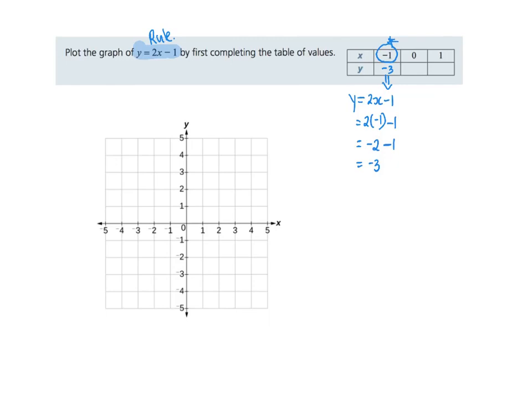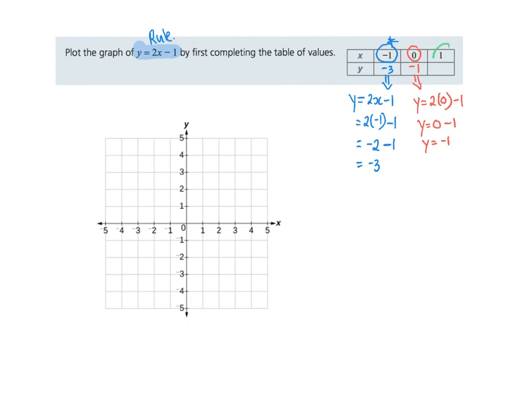If I did another one, I'll do this one in another colour. For this one, because x is 0, everywhere I put x, I'll put 0. So what's 2 times 0? It's actually 0. And then you've got -1, so what will be the final answer there? Good, -1. That would be how you find that one.